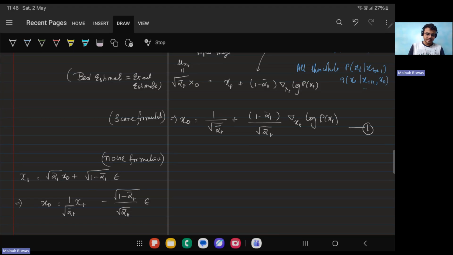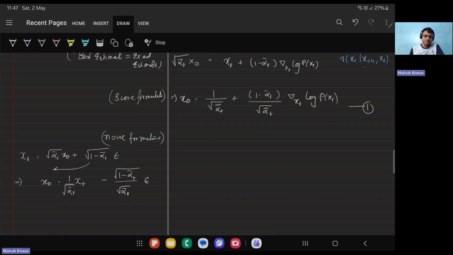So this is what I did. I just moved this to this side and divided by root alpha t bar. So now the noise formulation tells me x0 is equal to 1 by root alpha t bar, xt minus root of 1 minus alpha t bar epsilon. This is equation 2. So now you can clearly compare equation 1 and 2.